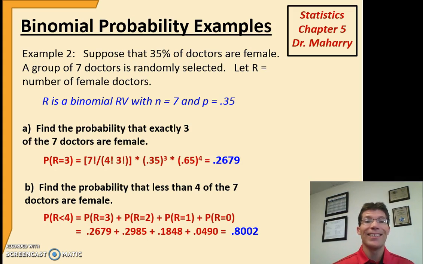I plug those into the formula individually, with r equals 3, r equals 2, r equals 1, and r equals 0, with my n and p, and find those probabilities. Or, this is a good example where using the probability tables at the end of your book would be helpful. I could go to the table for n equals 7 over to p equals 0.35, and it will give me the probabilities for each of these values of r: 3, 2, 1, and 0. And I simply add them up.